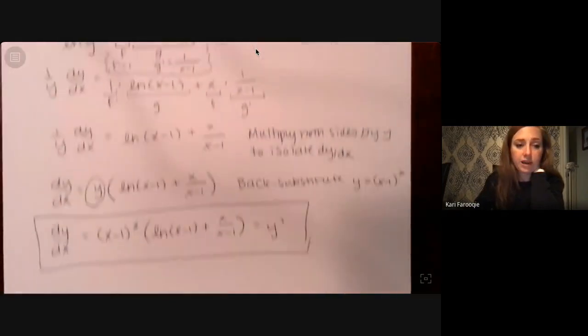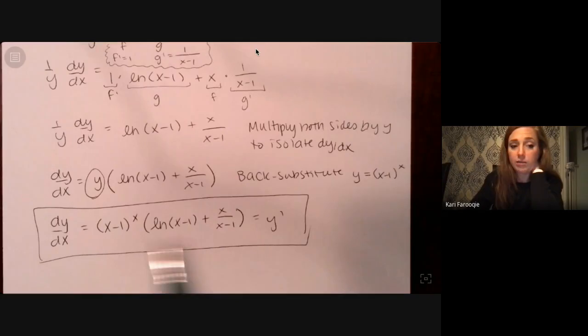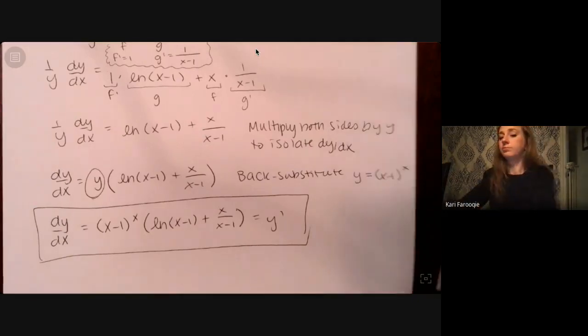Once we had that, we multiplied both sides of the equation by y, and then we back substituted the original expression. Now we're going to do one more of these. Last one, and then you will be done with chapter 3, or at least you'll have your test and then you'll be done with chapter 3.